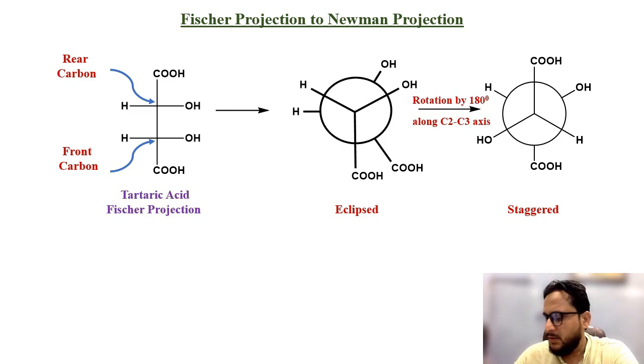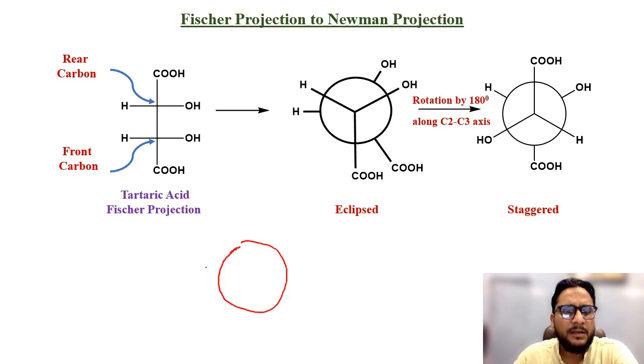Similarly, the same concept is used for the Newman formula, but here instead of drawing a slant line, we draw a circle. On this circle we draw a Y again, the same letter Y that was drawn on the slant line in the Sawhorse formula.